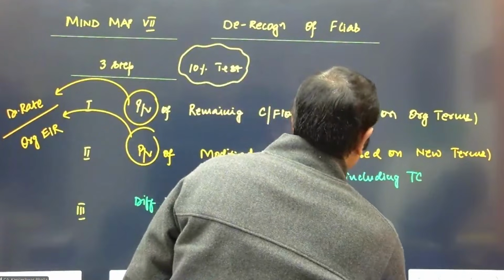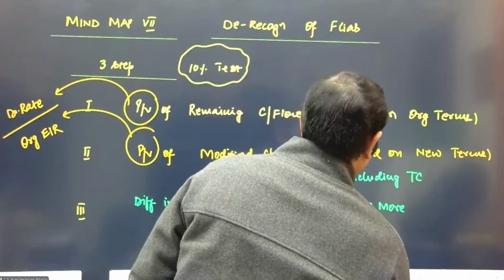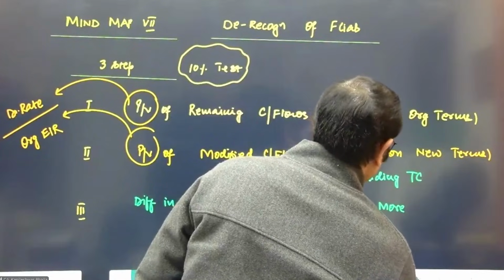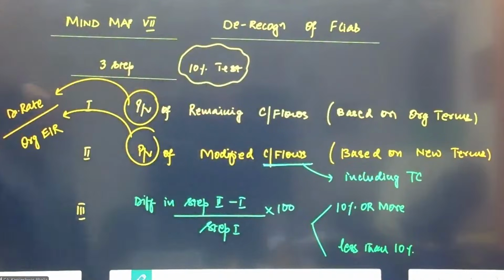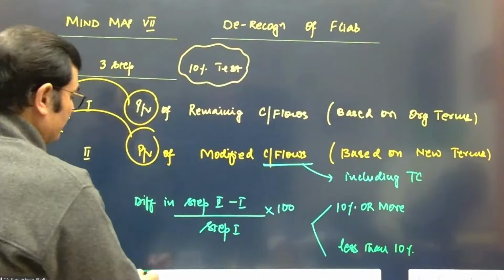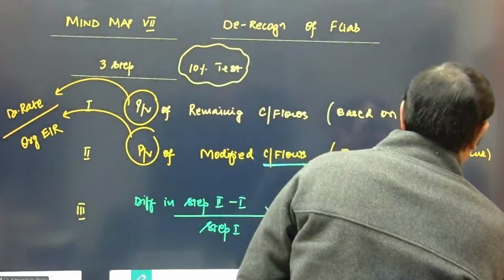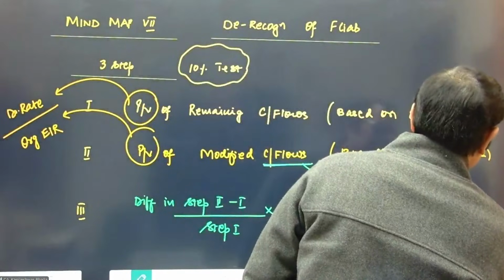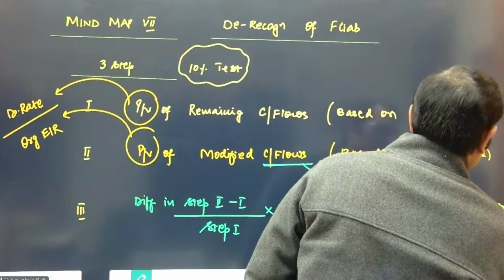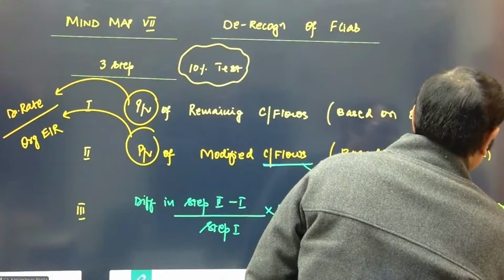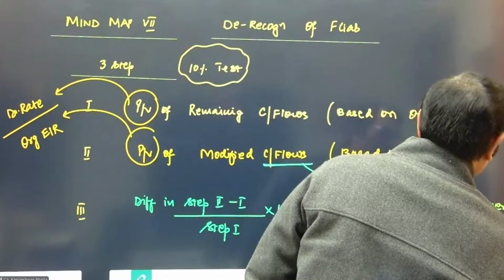Either this is 10% or more, or it is less than 10%. If it is 10% or more, we apply extinguishment accounting. And if it is less than 10%, then it is modification accounting.